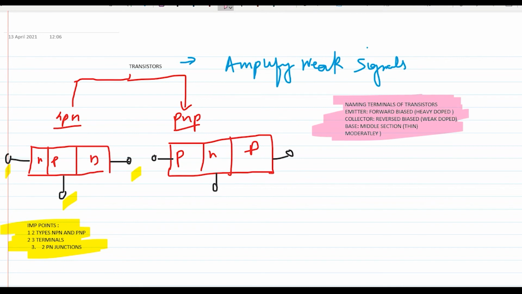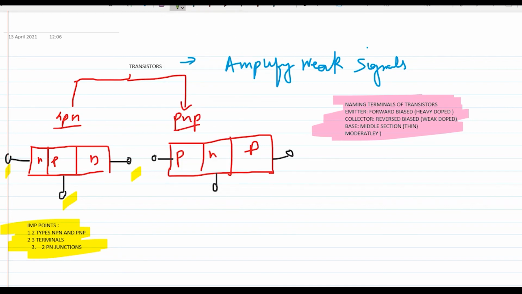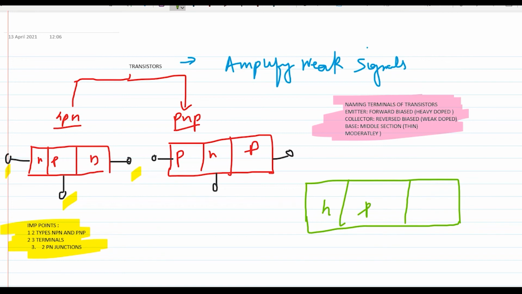Let me give you a quick review. Suppose this is a transistor, and suppose it's an NPN. This side will be forward biased and this side negatively biased.